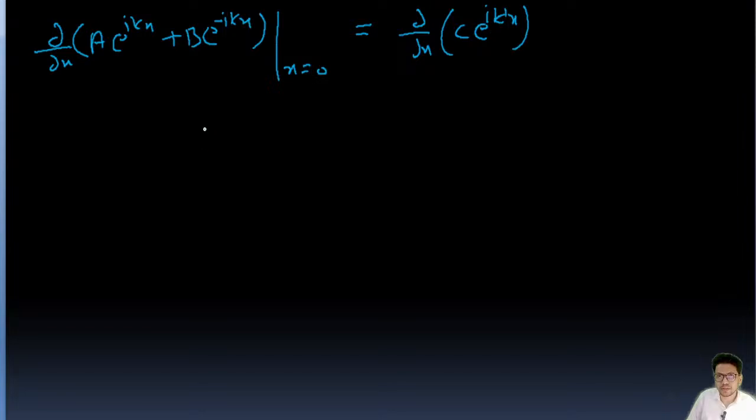Differentiating and putting x equal to 0, it is iota k a minus iota k b, since e to the power 0 is 1, equal to iota k dash c.